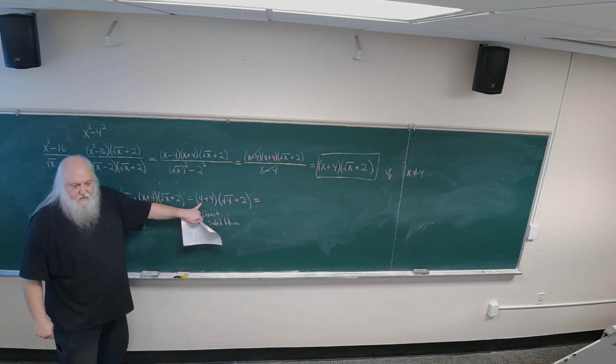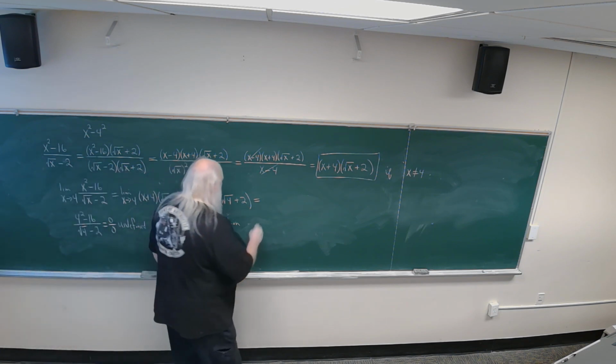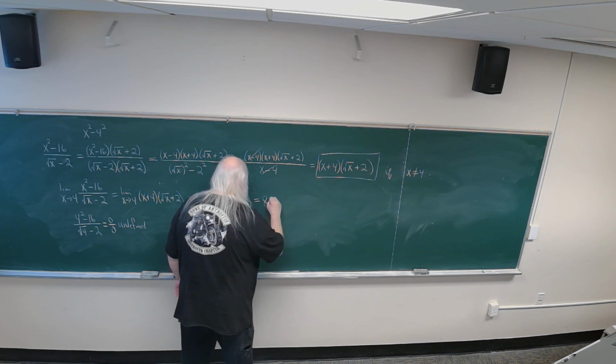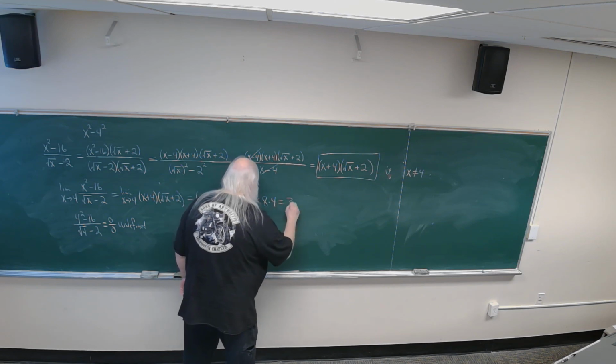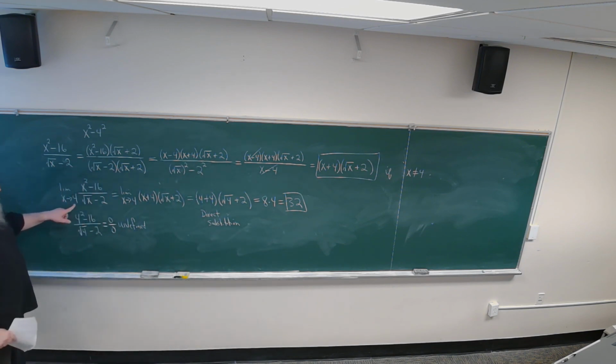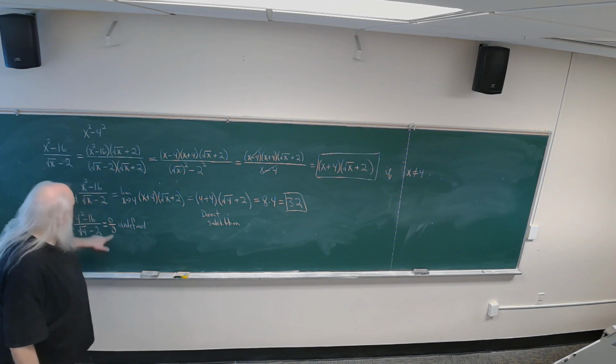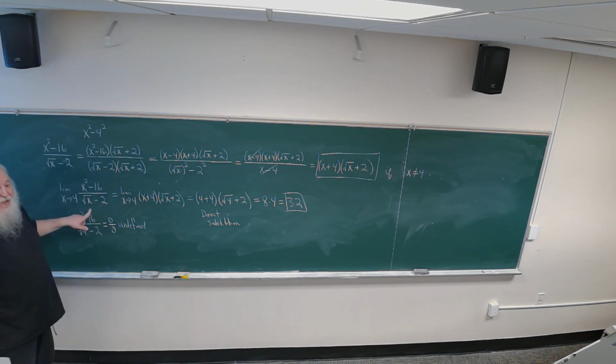Four plus 4 is 8. The square root of 4 plus 2 is 4. We have 8 times 4, which is equal to 32. So the closer x is to 4, the closer the value of this quotient is to 32, even though this quotient is undefined at x equals 4.